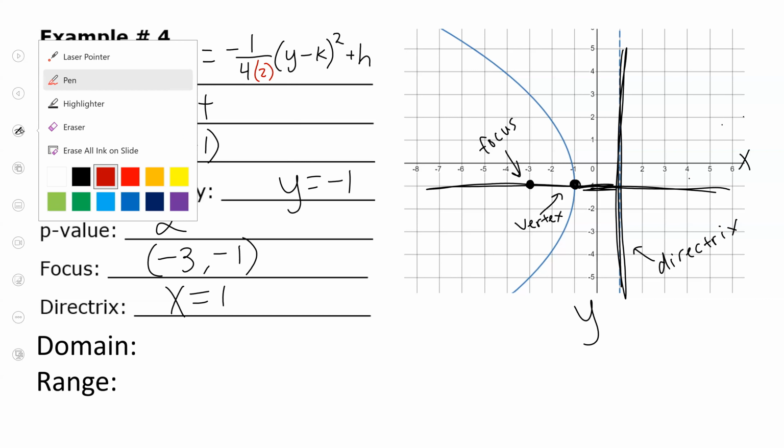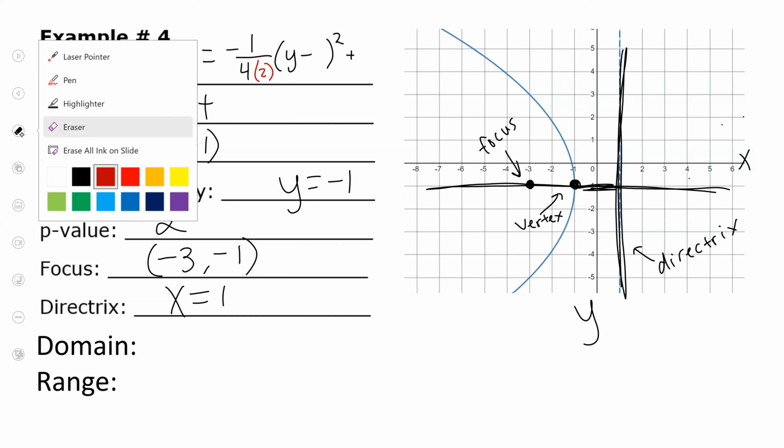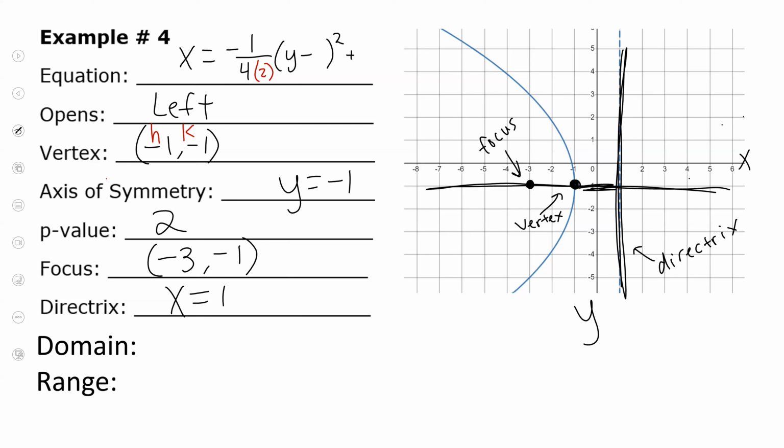I'm going to erase k and h. I'll close it. So k goes in here, it's -1. H goes out here, it's -1. So let's just go ahead and simplify this. X is -1/8. Two negatives make a positive. So this is your final answer.